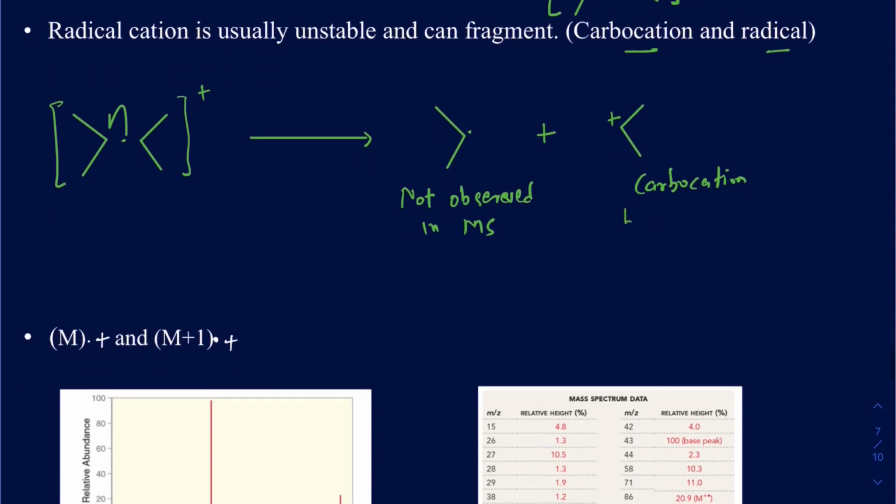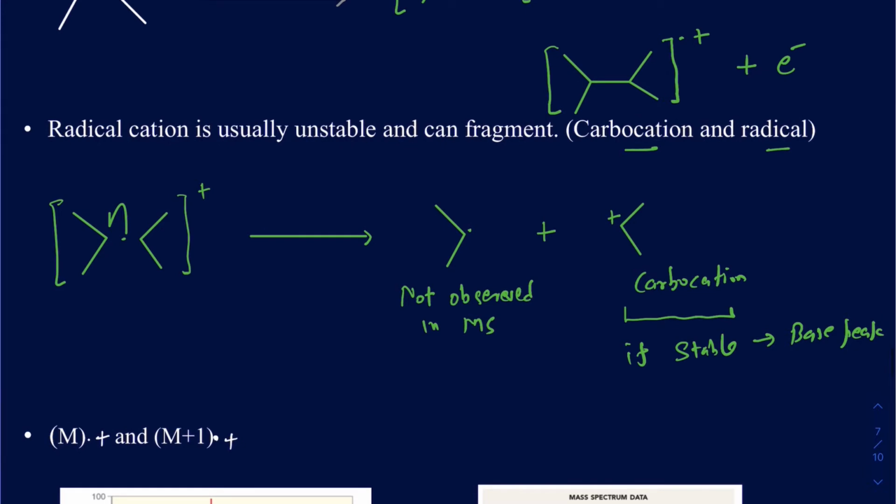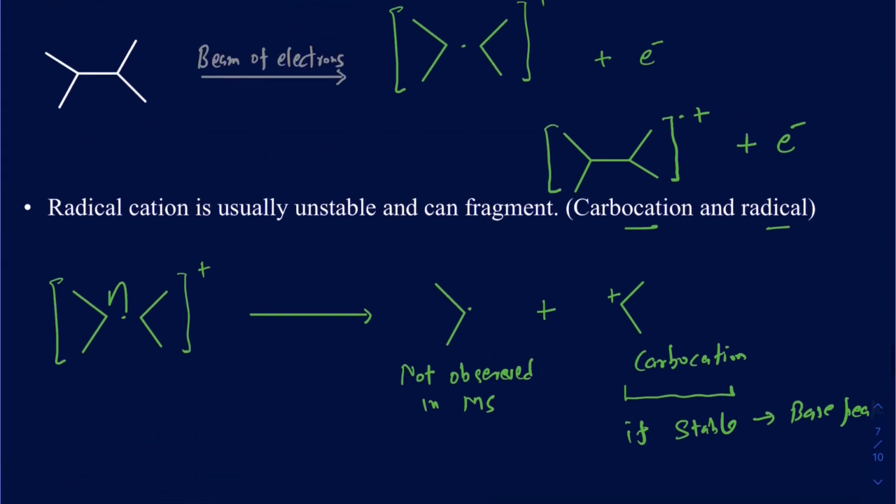So if this is the only stable carbocation I can create from this molecule, then this will result in a base peak. Now, what a base peak really is: the base peak has an intensity of 100%, and the rest of the peaks will have an intensity relative to the base peak.